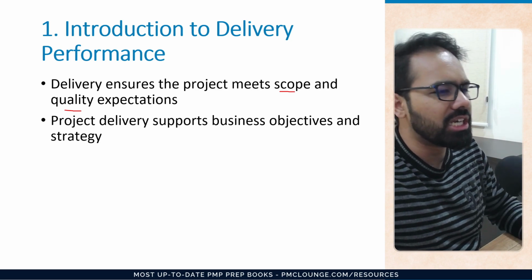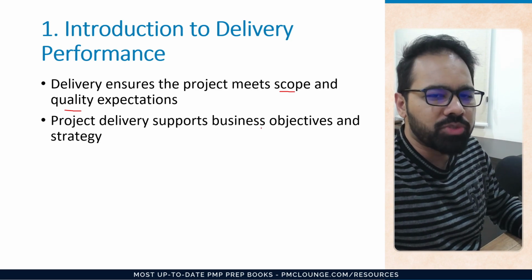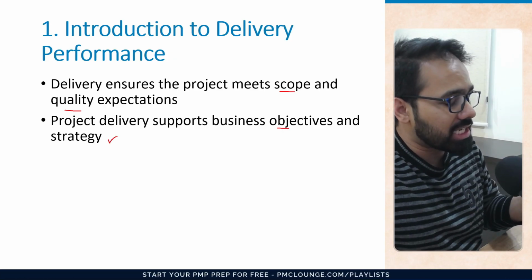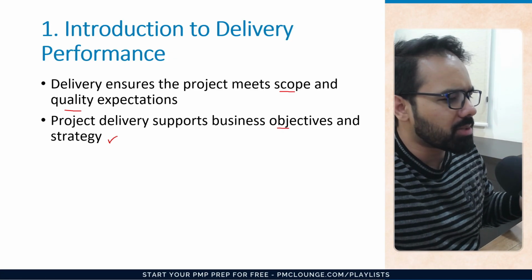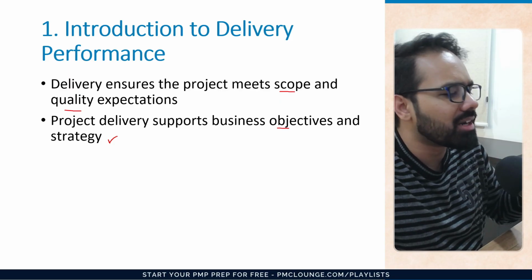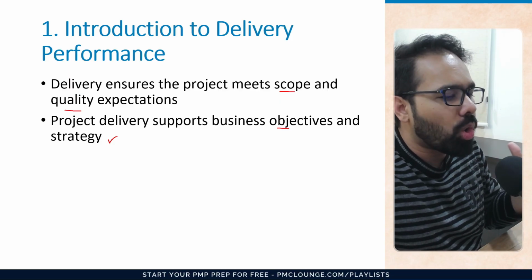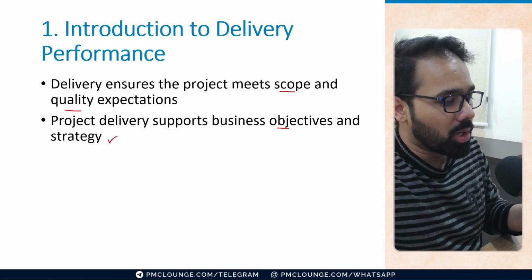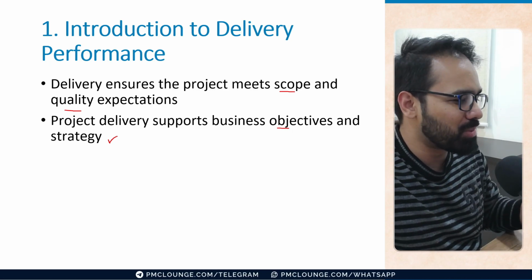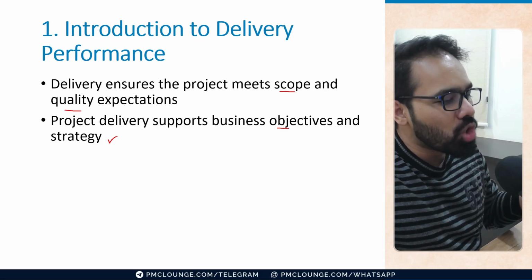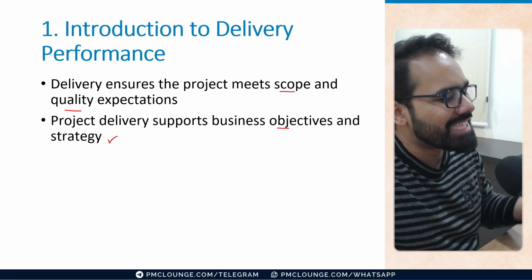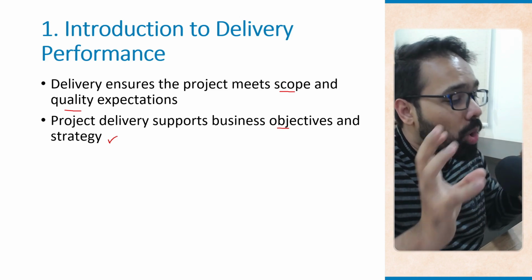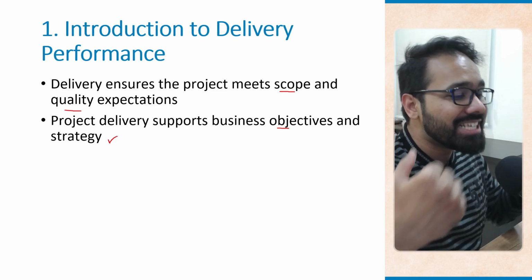Now, project delivery supports business objectives as well as strategy. So it supports both of these things. Projects are not just about outputs. They are not just about the product of the project, the end result of the project, right? They are also about the outcomes. This e-commerce website example is not valuable just because it exists, but because it supports some business objective and it increases online sales.